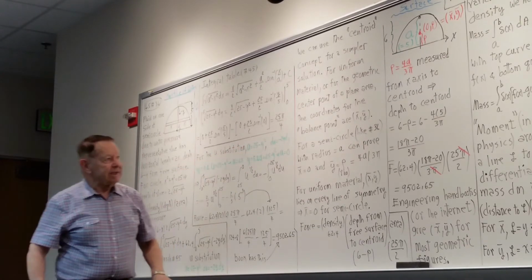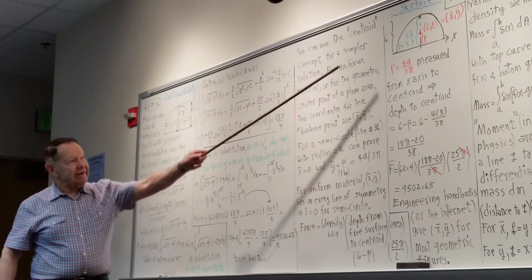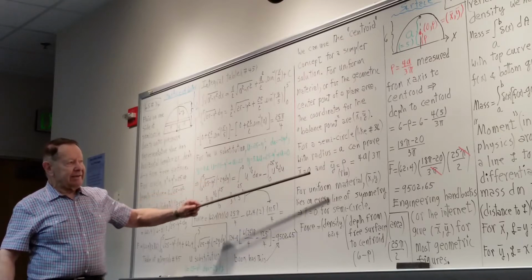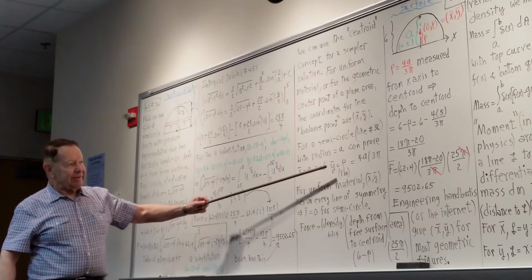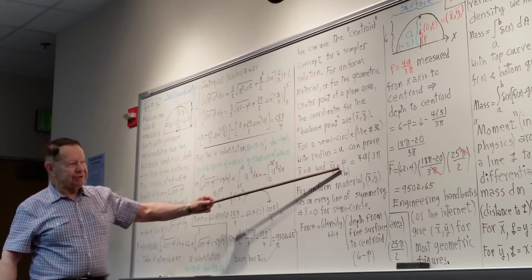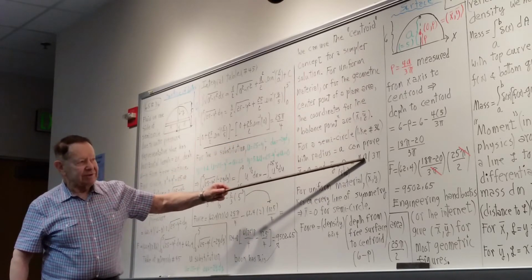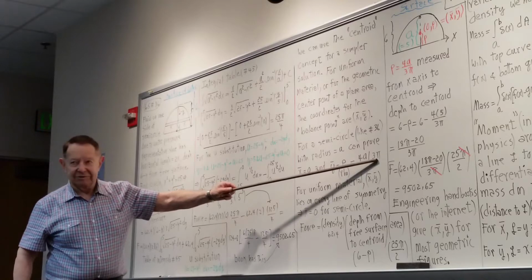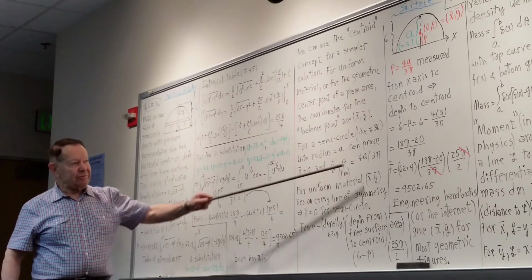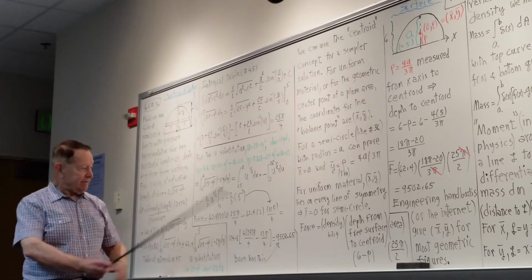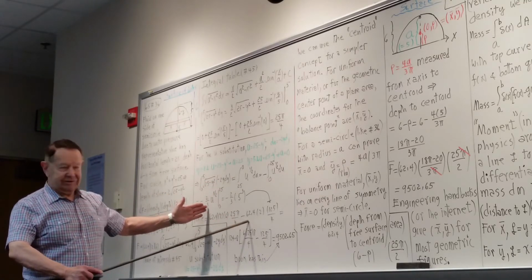Well, it turns out that for a problem like that, if the radius is A, the x bar is 0, and the rho measured from the x-axis is 4 times the radius over 3 times pi. Now, I'm not going to prove that today, but if you use that, you can get at a problem like this one.